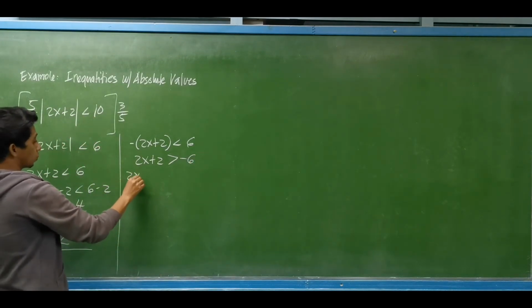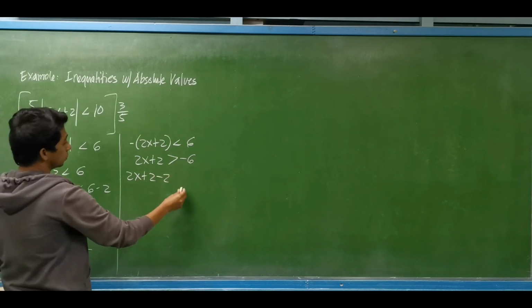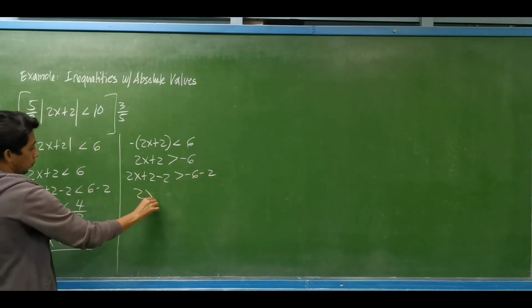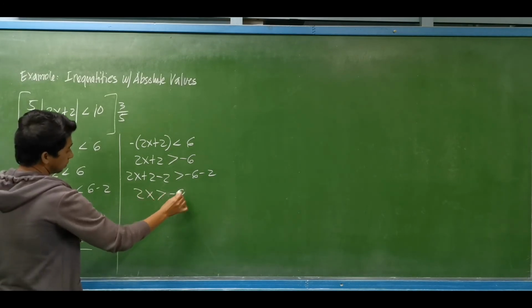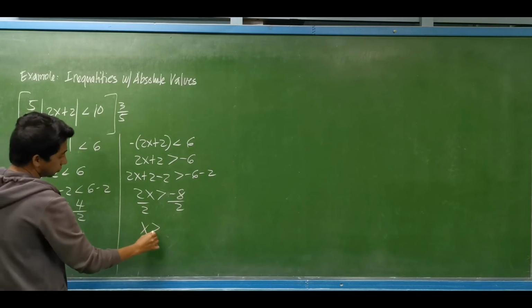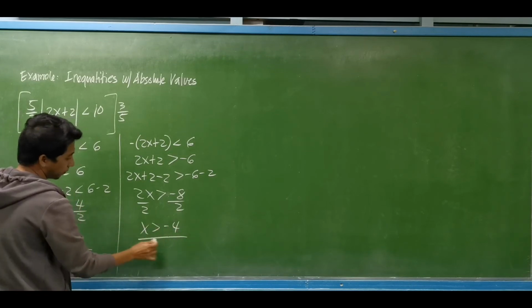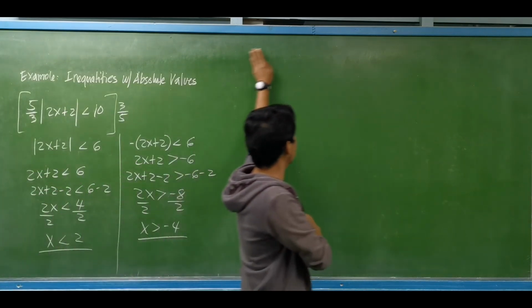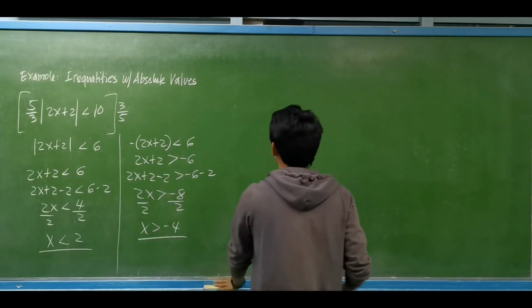So we have 2x plus 2 minus 2 is greater than negative 6 minus 2. So we have 2x is greater than negative 8. Dividing both sides by positive 2, we have x is greater than negative 4. So let us observe these two solutions on our number line.